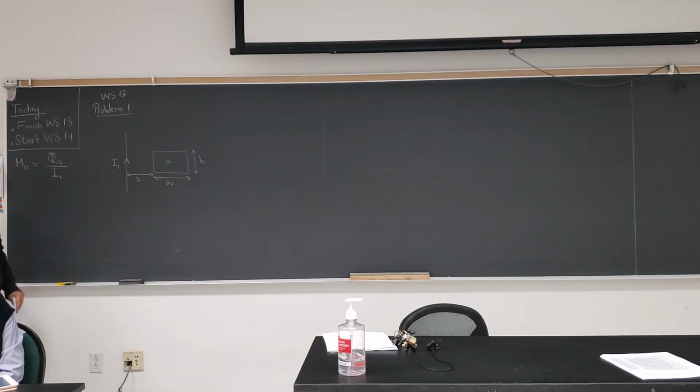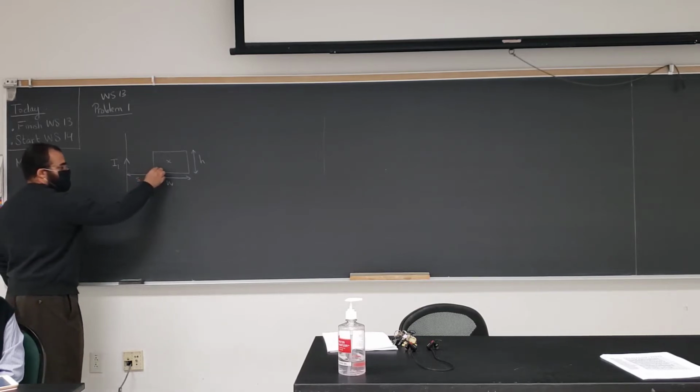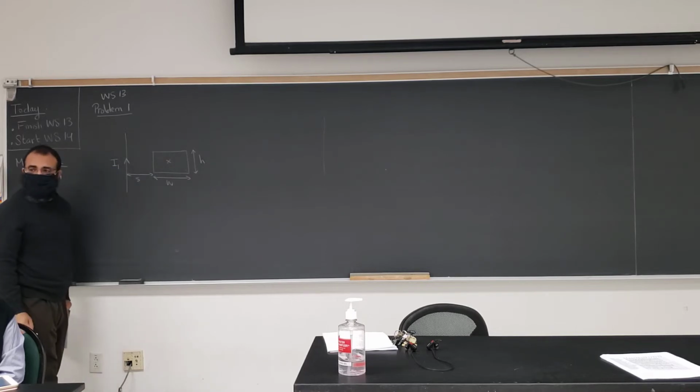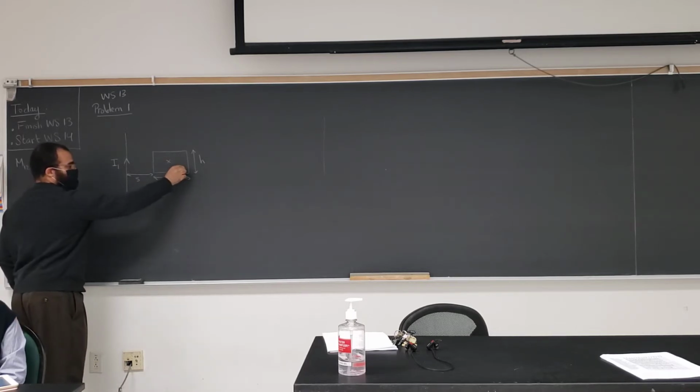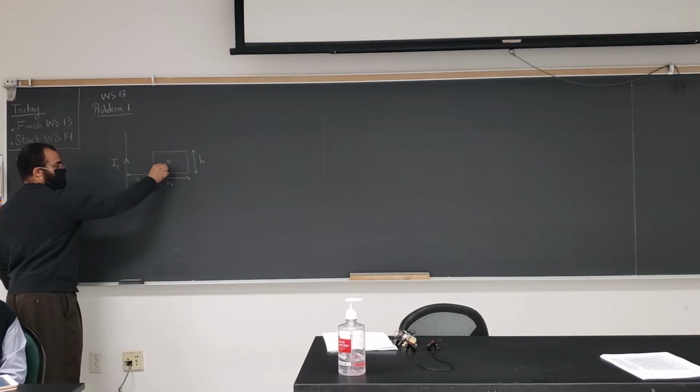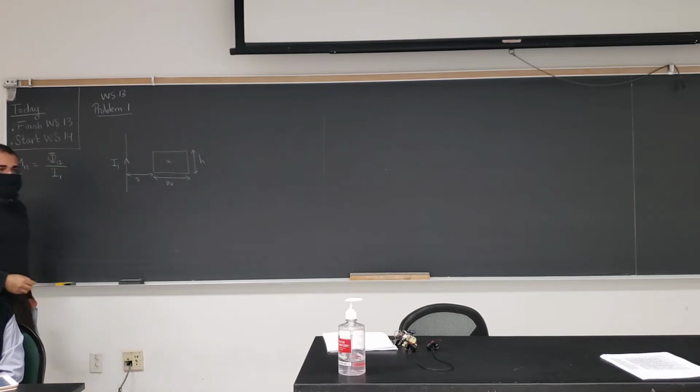So the flux is simply magnetic field times area. The only thing, though, is that the magnetic field gets weaker as you go away. It's weaker here than here, weaker here, weaker here. So it's not the same magnetic field.